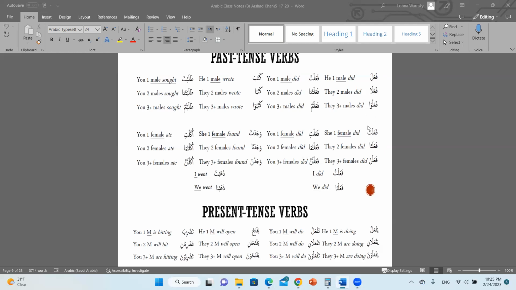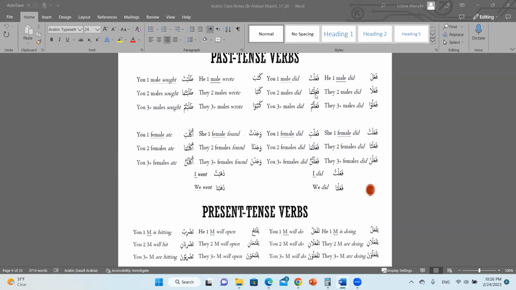So this is for he and she. Obviously you also have you, you two, and you all, for male and female. So the root word fa'ala becomes fa'alta. That means you, masculine, did. You did, referring to a male. See that the added letter is a ta.